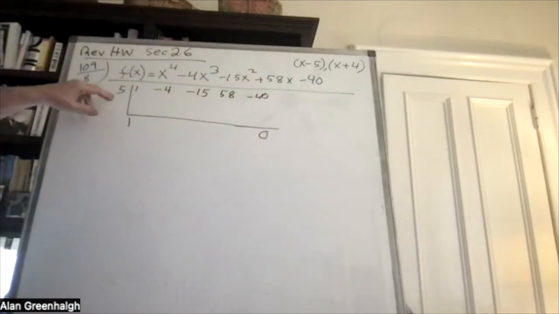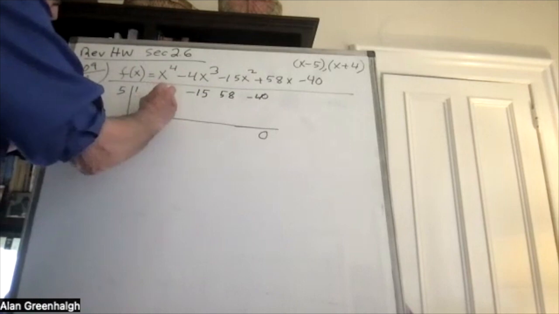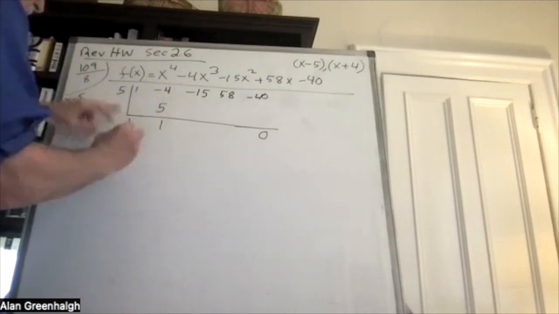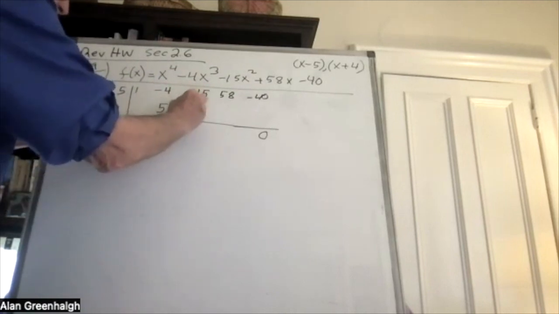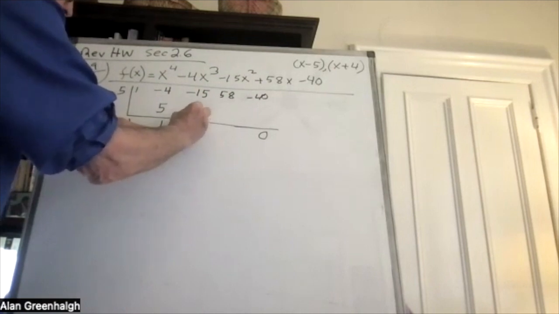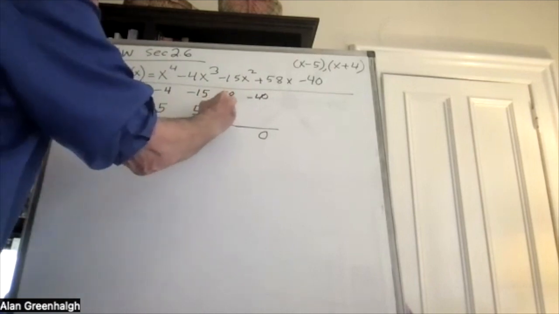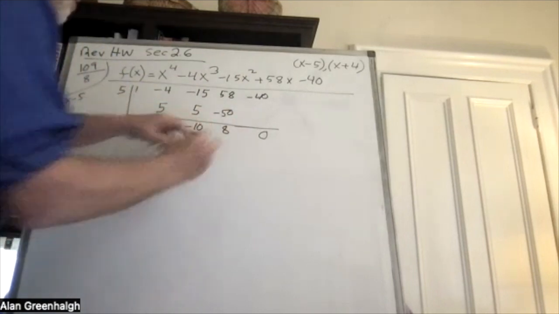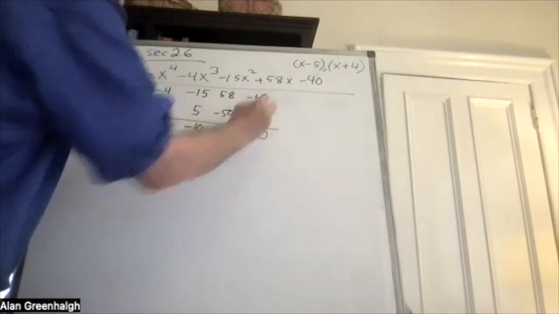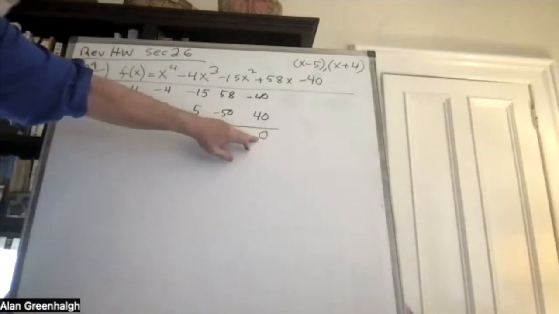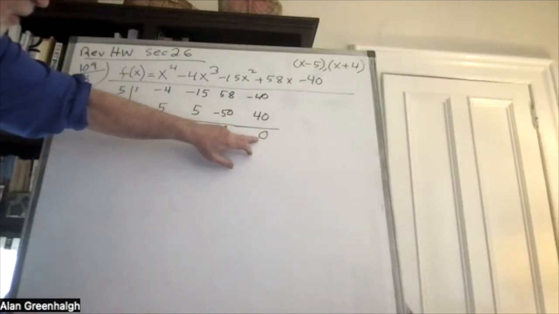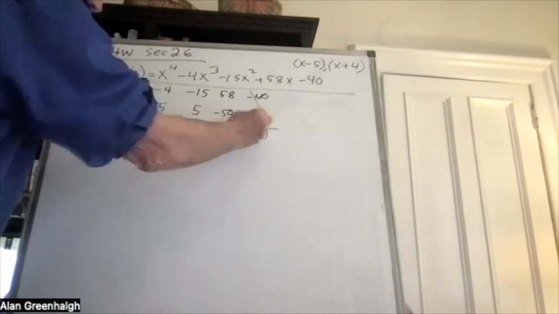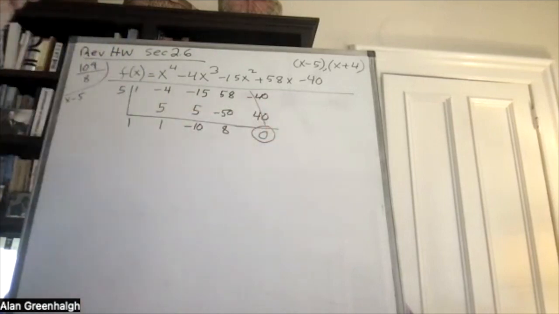But let's see what happens. 5 times 1 is 5. 1, 5, -10, -50, 8, and 5 times 8 is 40. And what's the remainder? The remainder is 0, because these drop out, and this is the remainder.